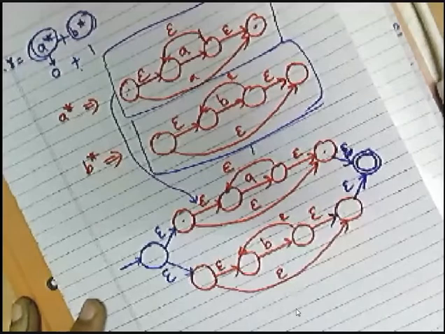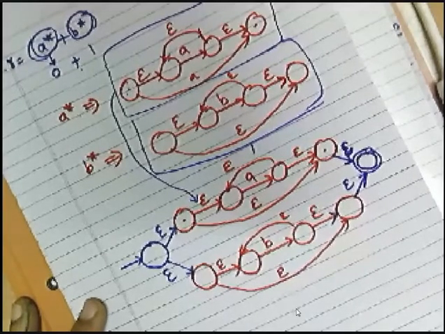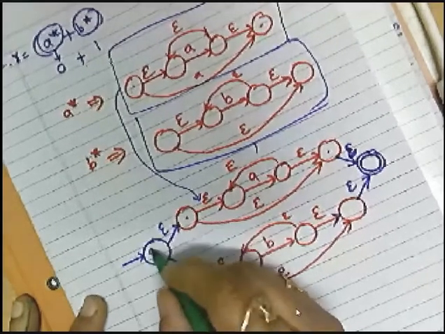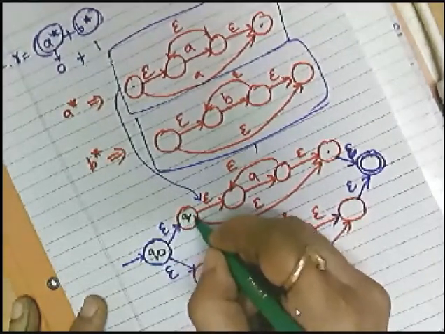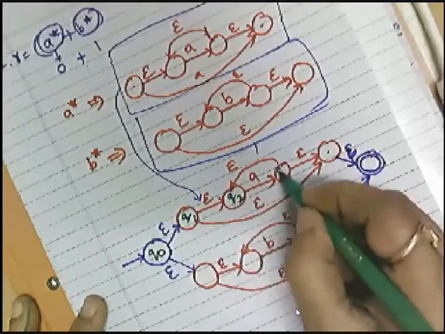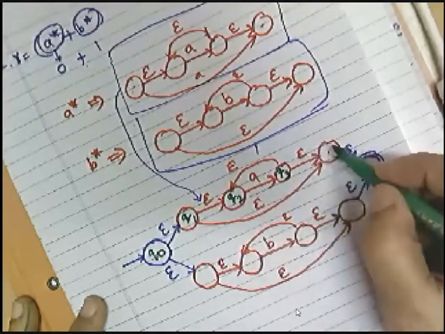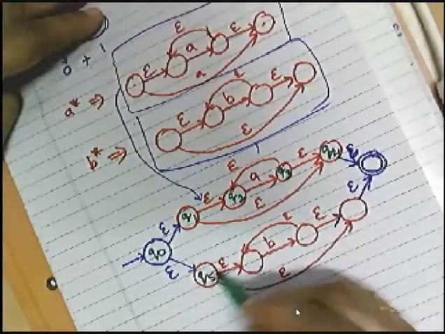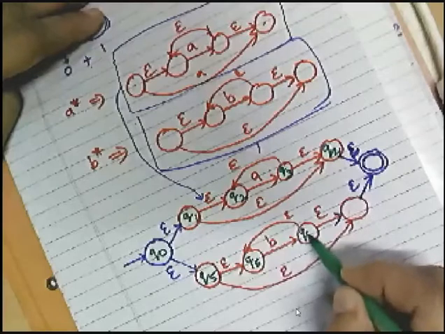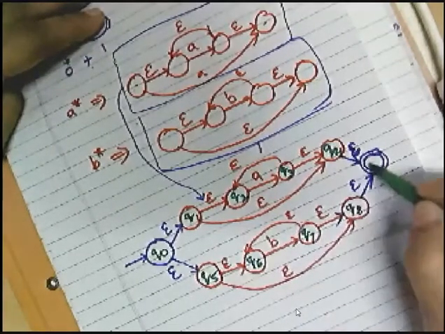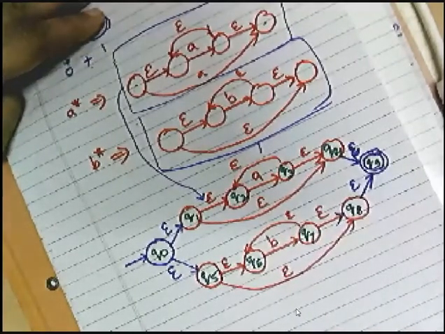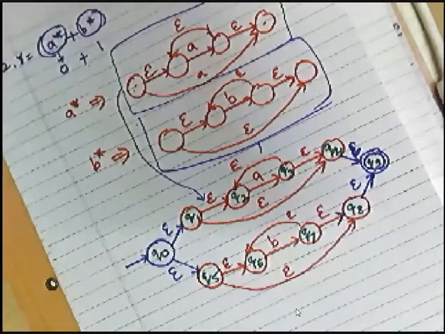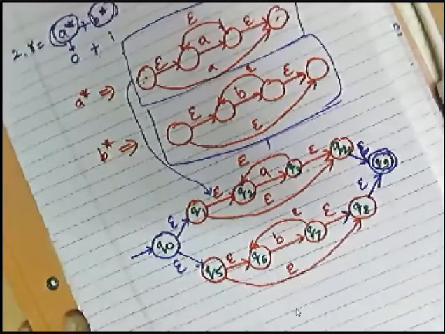Now start marking. If you mark these states: Q0, Q1, Q2, Q3, then Q4, then Q5, Q6, Q7, and Q8, and this is Q9. So this will be your A star plus B star, right?